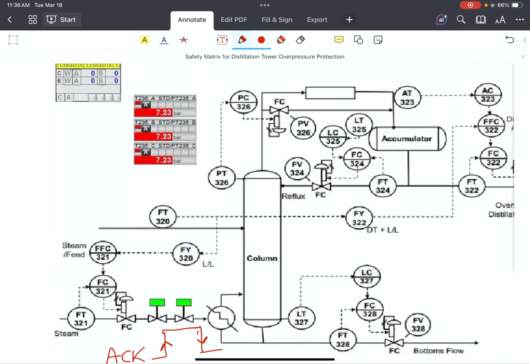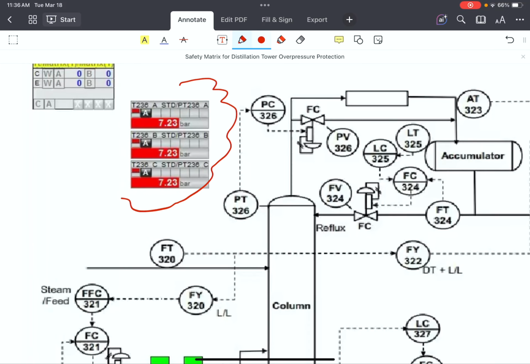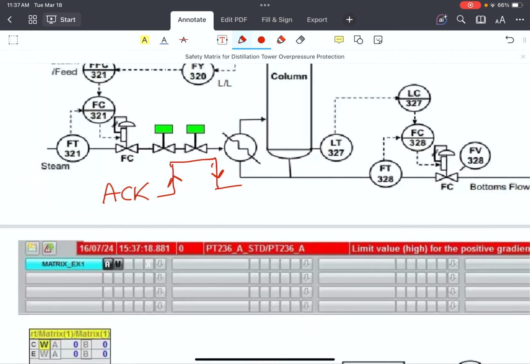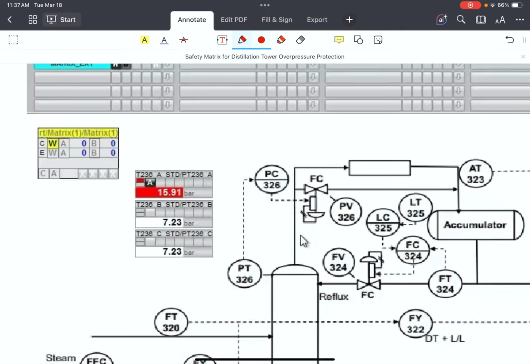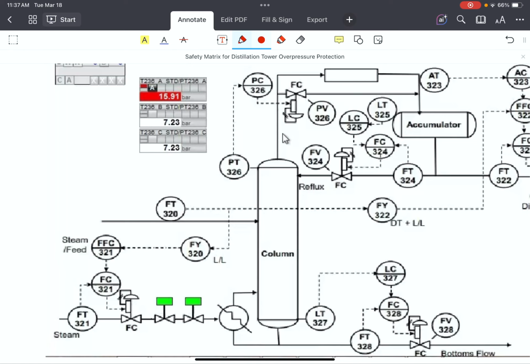You can see that the pressure limits are okay here. They are within the normal range, and we try to simulate by applying some values to show that there is an overpressure.